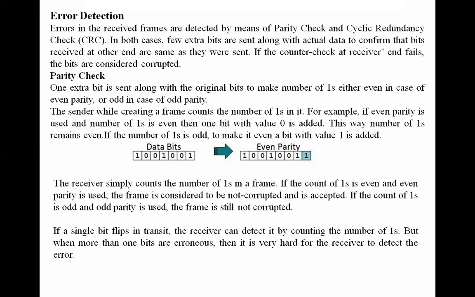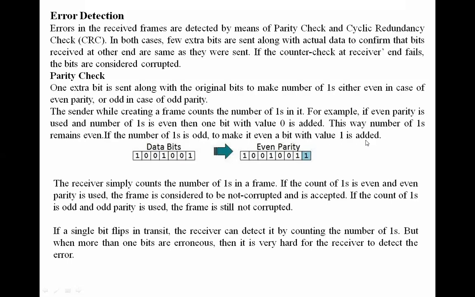As written here, if even parity is used and the number of ones is even, then one bit with value 0 is added. This way, the number of ones remains even. If the number of ones is odd, to make it even, a bit with value 1 is added.